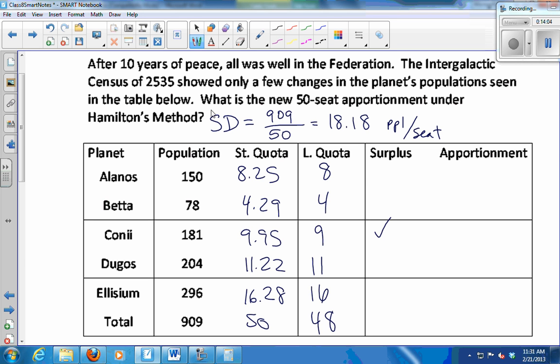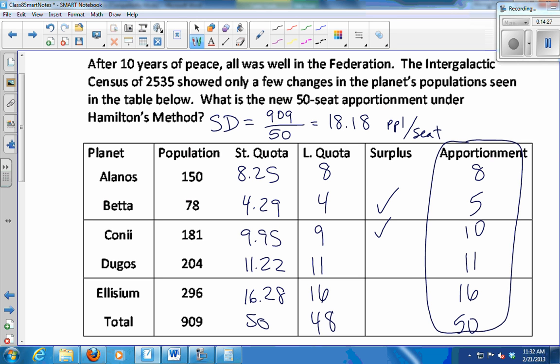Pony, because they have 0.95. And then what's the next biggest one? The 0.29. Yeah, Beta. So my final apportionment is going to be 8, 5, 10, 11, 16. Final apportionment.